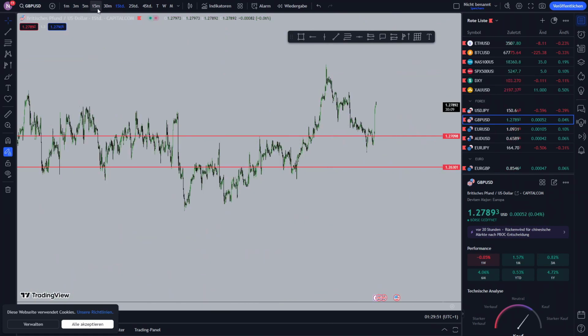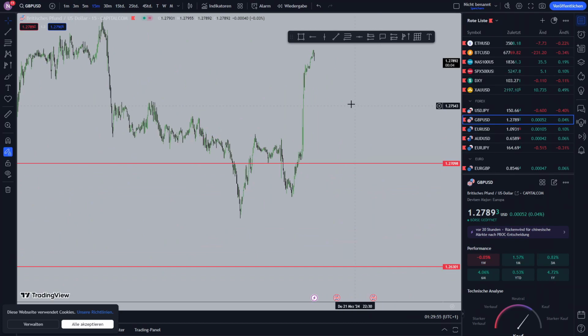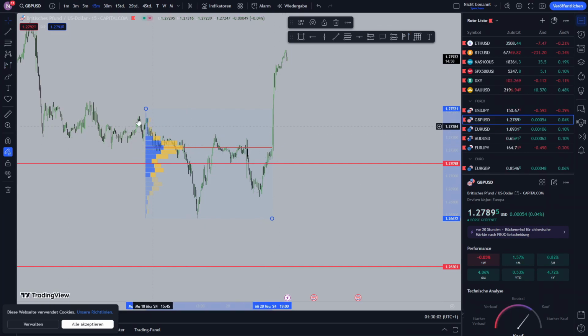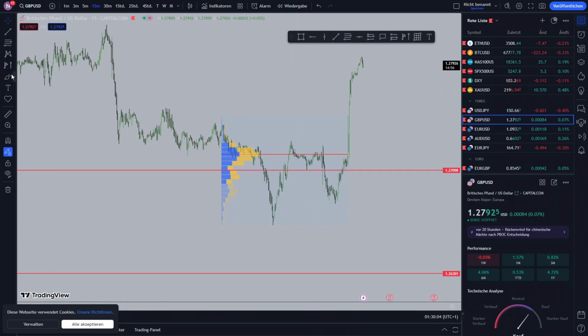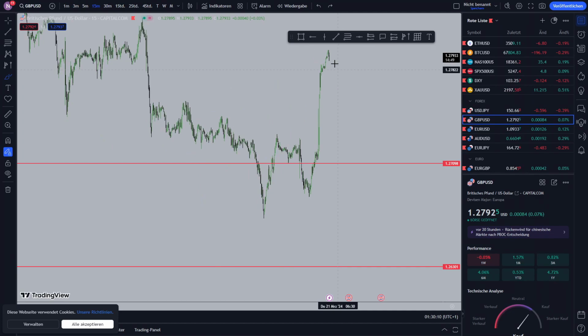And now I go into lower time frames, like 15 minutes, and search for the same thing here. We can see that we had a consolidation from here to here, and mark that out. It's even matching with the one in this area. It's not always a line, it's more of an area. And we see that there's a lot of volume in this area. It's more likely to go down now since we had an impulsive move.